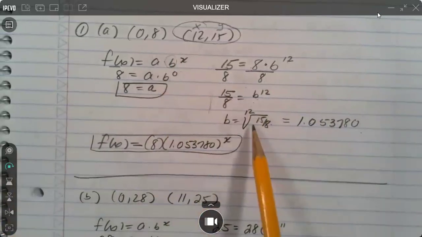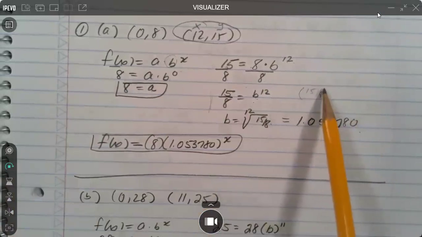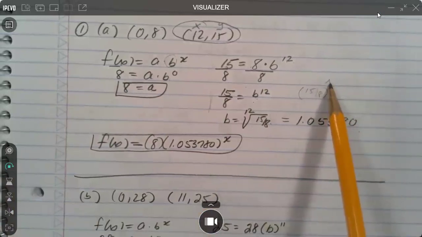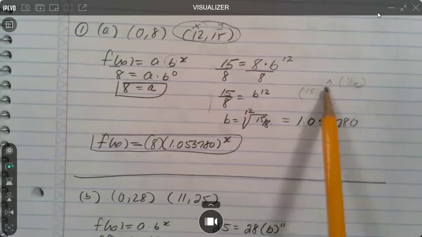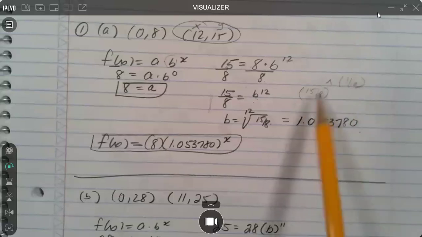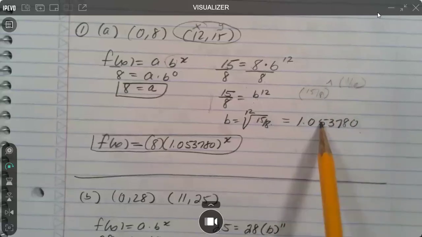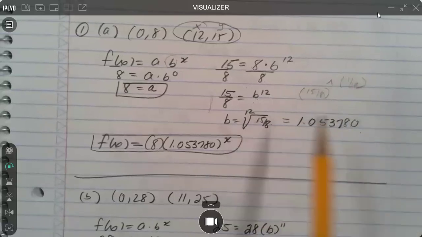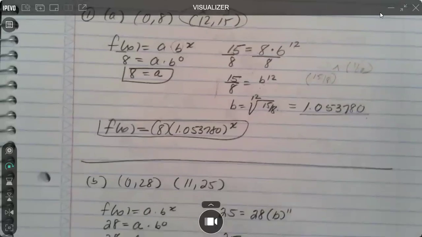So therefore, in your calculator, you'll enter in 15 divided by 8, hit the caret key, 1 divided by 12. 1 divided by 12 represents the 12th root of this, which means what number times itself 12 times gives you 15 over 8. We do need to record b to 6 decimal places, and there it is.